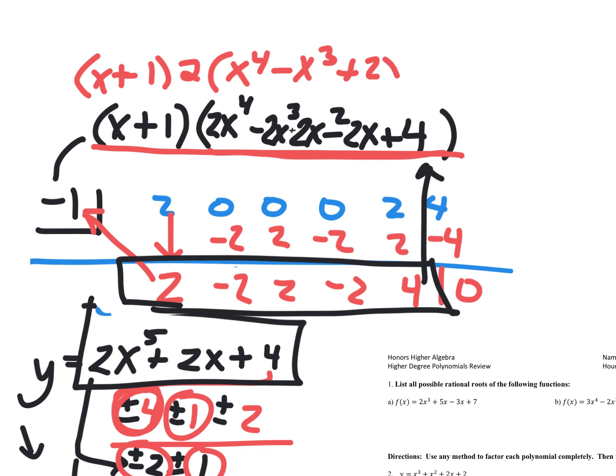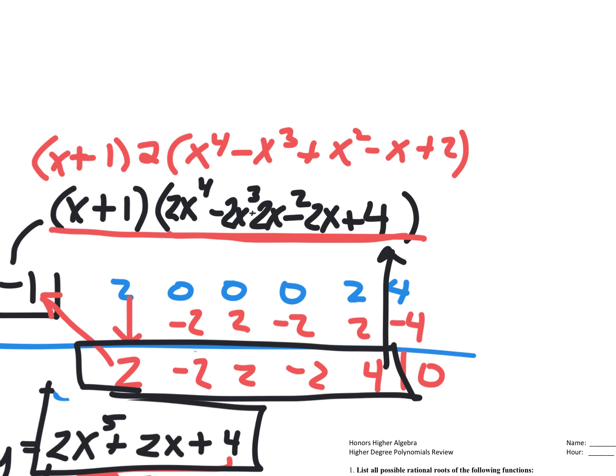No, not 2. It's not a 2 anymore because I took the 2 out. Plus x squared minus x plus 2. And then you'd have to ask yourself, does this factor again?